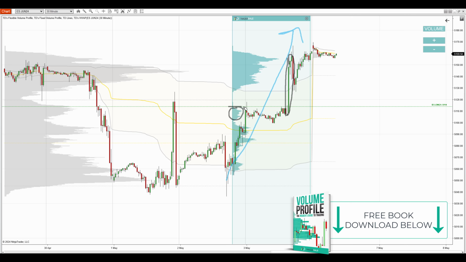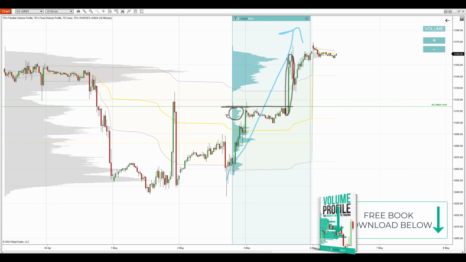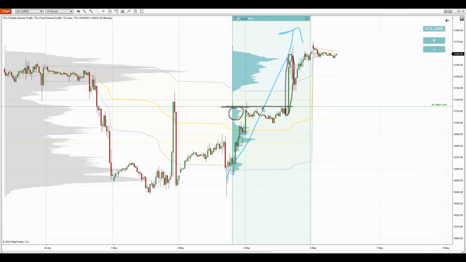So that adds strength to that heavy volume cluster, and it is telling us that buyers were building up their long positions in this rotation, and then the buyers from here pushed the price aggressively upwards on Friday in this aggressive up move.